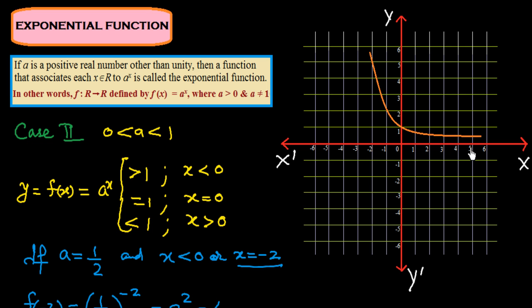So this would be the graph of this sort of function if a is between 0 and 1. We could write that y is equal to a power x, if 0 is smaller than a is smaller than 1, then the graph would be this. And previously we have seen the graph in this way, and here the graph in this way.